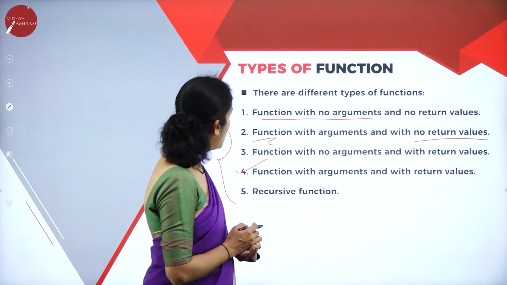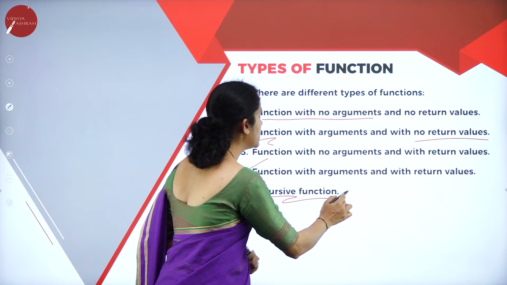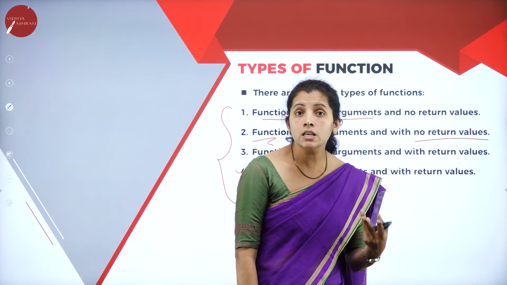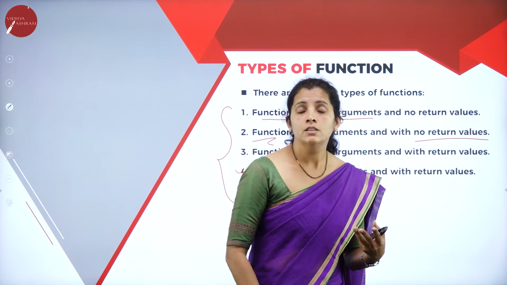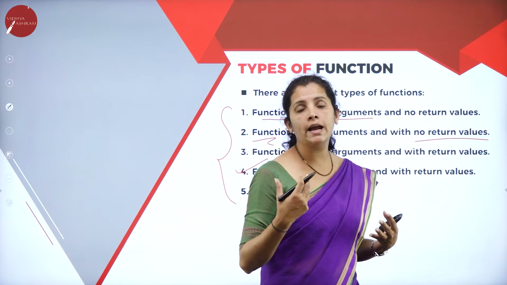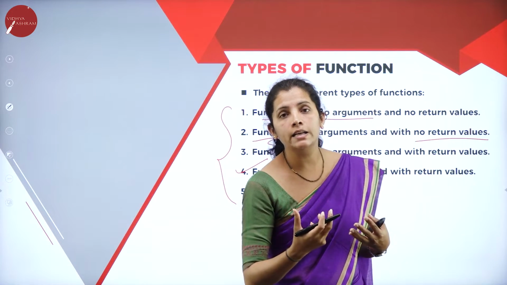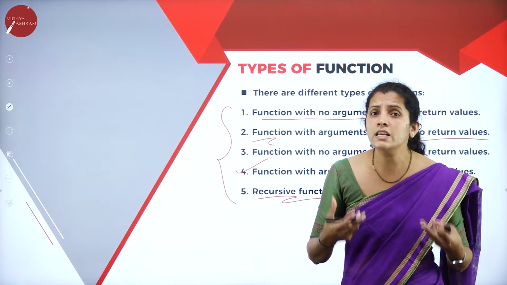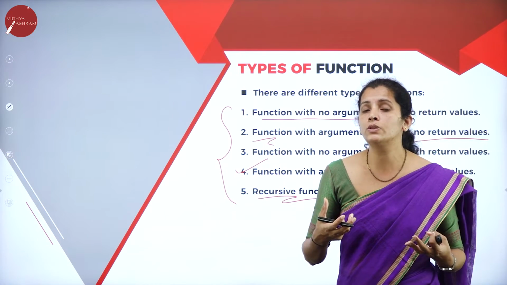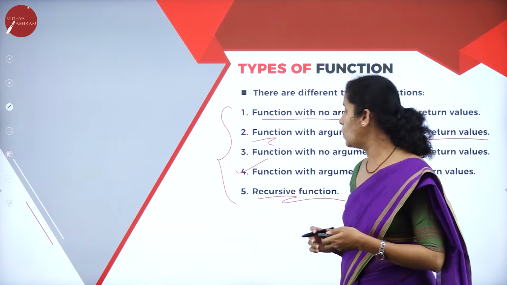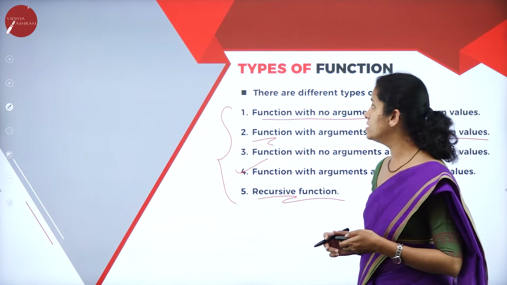And moving on to the last type, I'm going to have the recursive function. So recursive function means what? Recursive, repetition. That means I'm going to call the same function again and again until the given condition is satisfied. So it is recursively executing the statements, and this kind of function is called a recursive function.